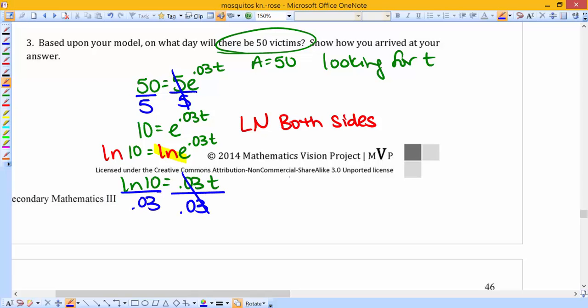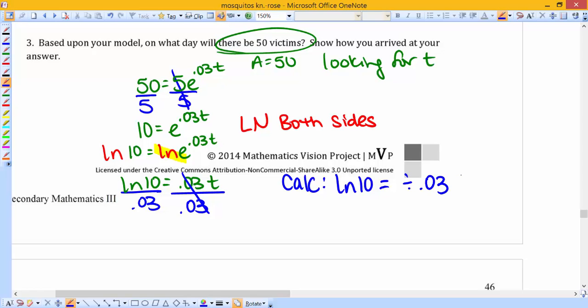And then I'm going to use my calculator. And it's the natural log of 10. And then you're going to divide, put parentheses, 0.03. Or just hit equals. I like to just hit equals. Natural log of 10, hit equals, and then hit divide by 0.03.